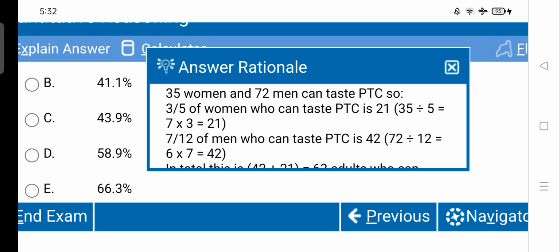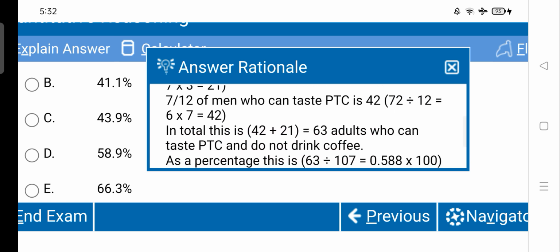So 7 by 12 of the men who can taste PTC is 42: 72 divided by 12 equals 6, multiplied by 7 equals 42. So in total, 42 plus 21 equals 63 adults who can taste PTC and do not drink coffee.